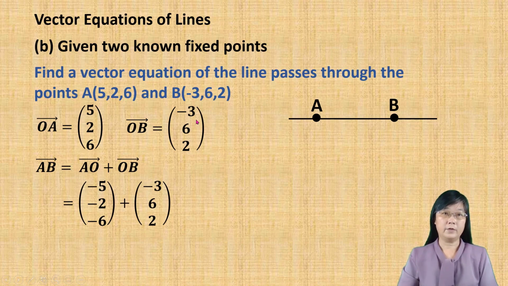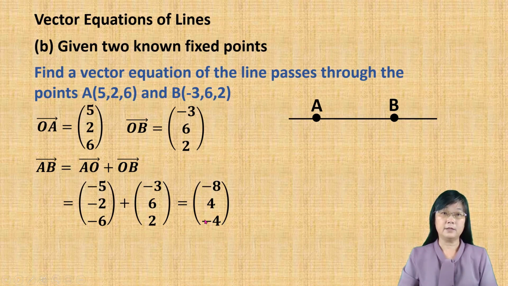So OB we can take from here. Then when we simplify, we will get the vector AB is negative 8, 4, and negative 4. Now you can use this as the direction vector. But most of the time, when we write a vector equation, the direction vector is in the simplest form.